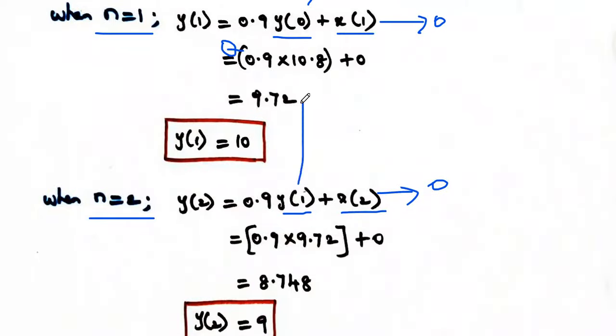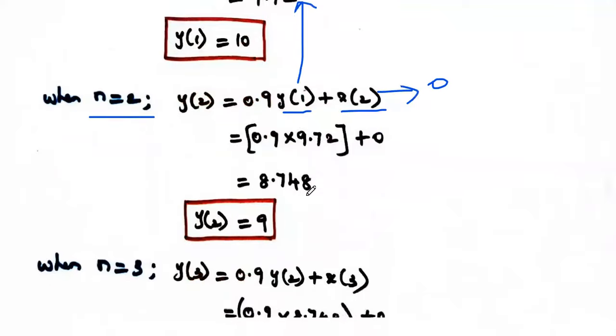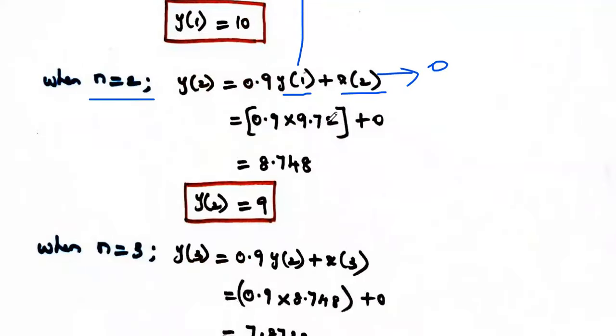Without rounding, the exact answer is 9.72. So you substitute here, 0.9 into 9.72, you get the answer 8.748. For this 8.748, we are performing the quantization in decimal itself. So 8.748 is rounded to 9. So at time n equal to 2, the output is reduced to 9.